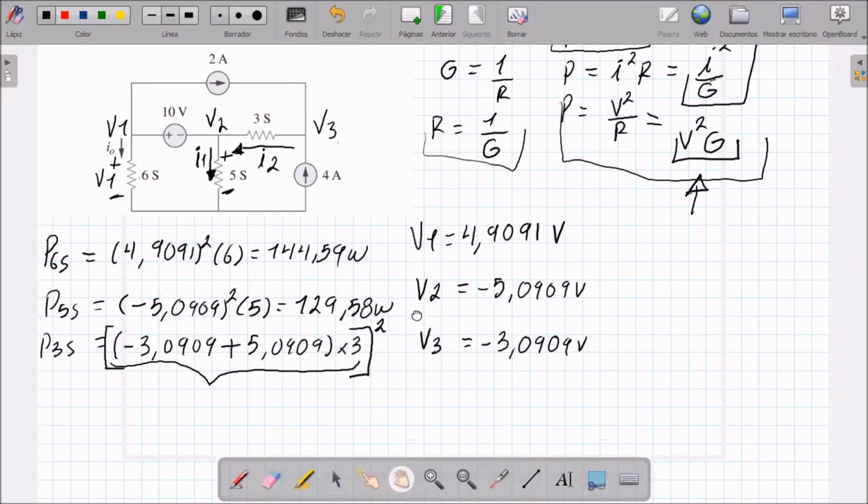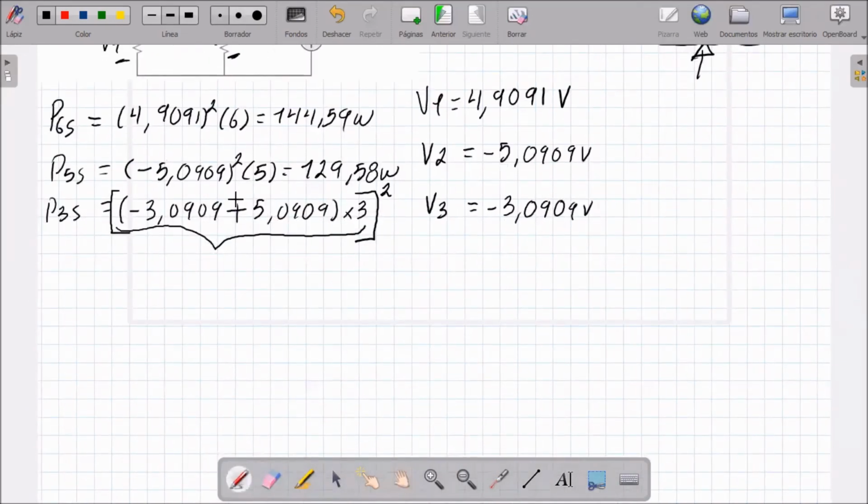With resistors it would be multiplying, but here, as it is with conductance, it is divided by 3 of this. In this way we can determine the power. I've already divided this whole expression by 3.